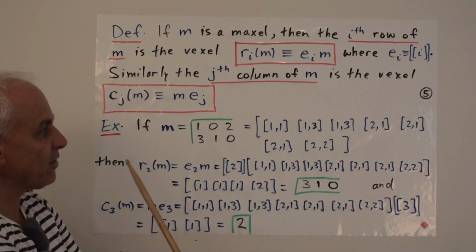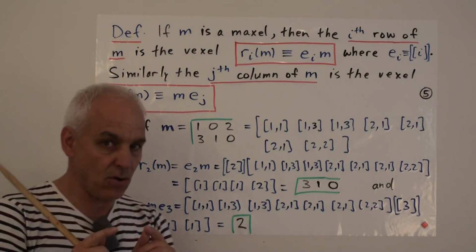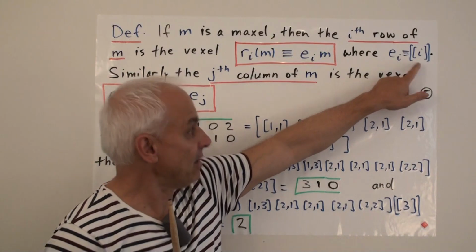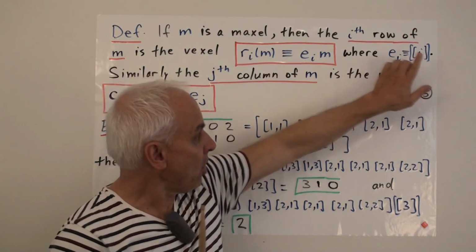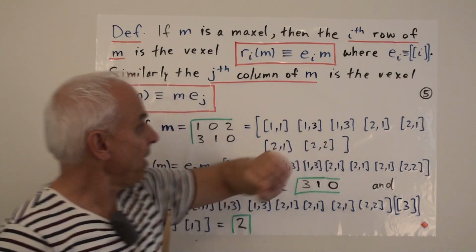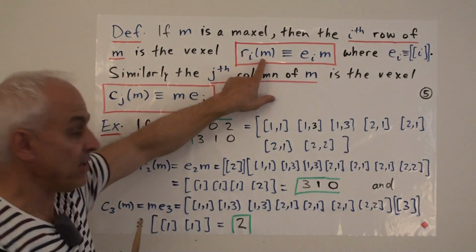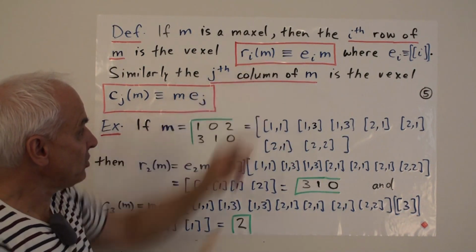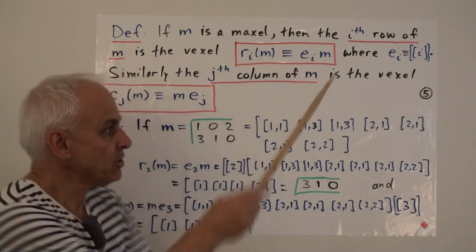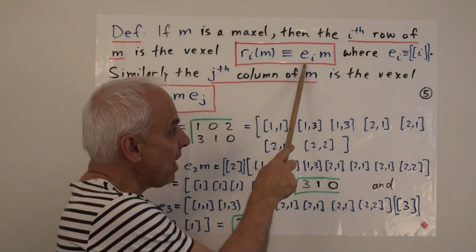Okay, it's a vexel that contains just a single singleton, namely the singleton list i. So this here is a vexel with one element. And we're going to define our r_i of M, the ith row of the maxil M, to be e_i times M. So M is a maxil, and e_i is a vexel.